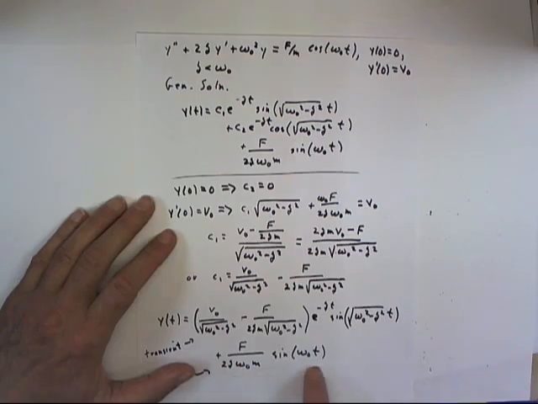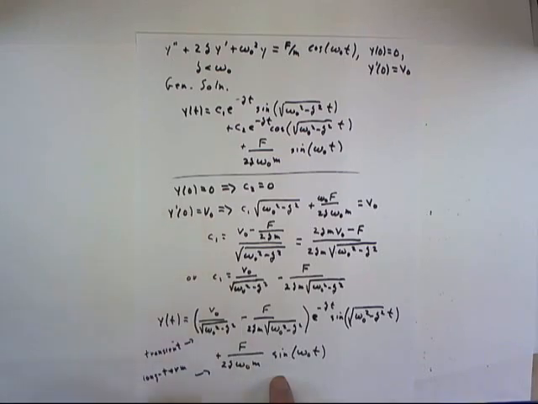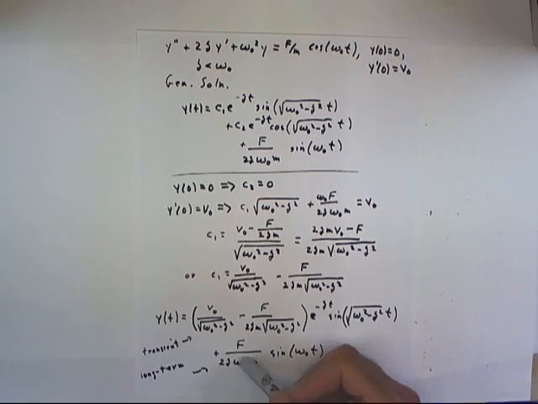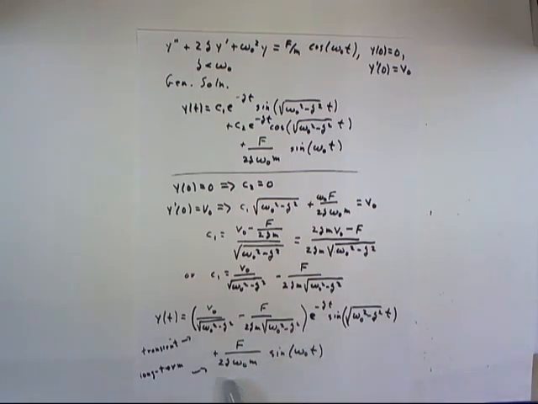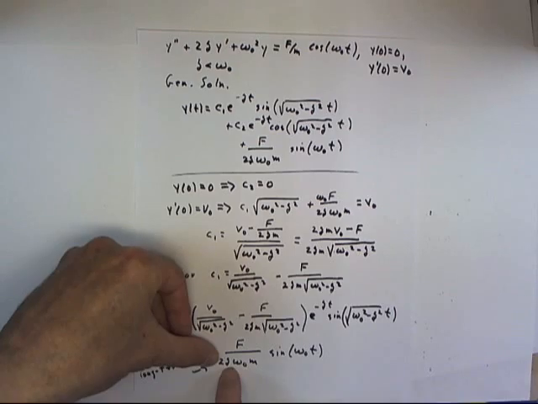And this is the long-term behavior, so that long-term the system has an amplitude that's equal to this. The amplitude is greater when delta is smaller and when omega naught is smaller.